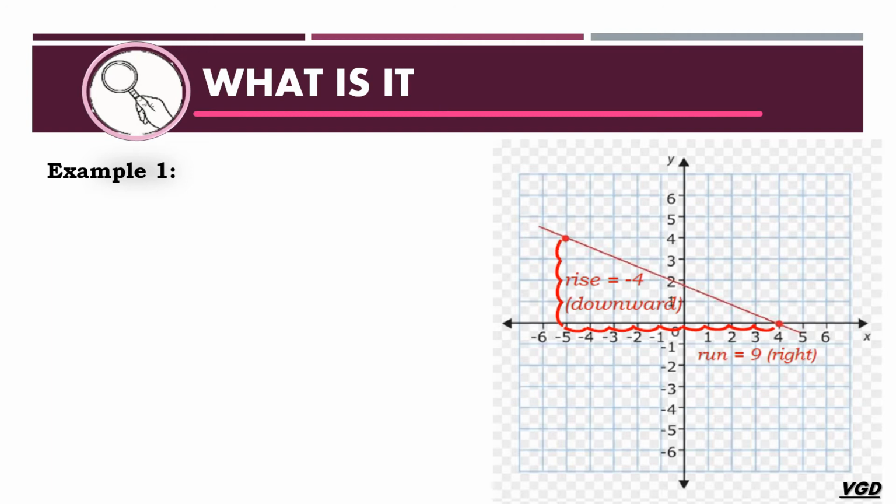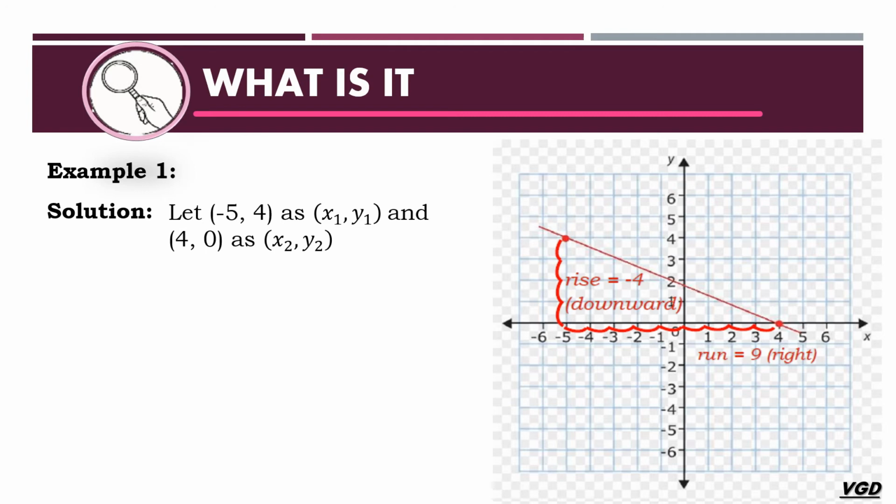So we were able to get here the points (-5, 4) and the ordered pair (4, 0). So let's just represent the ordered pair (-5, 4) as x₁ and y₁, and the ordered pair (4, 0) as x₂ and y₂. And after that, we just have to substitute.